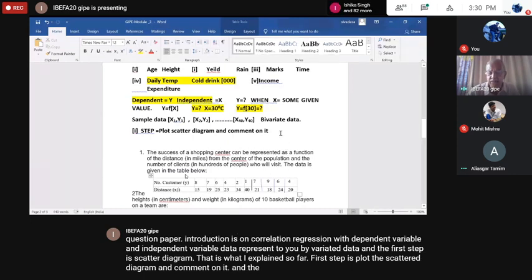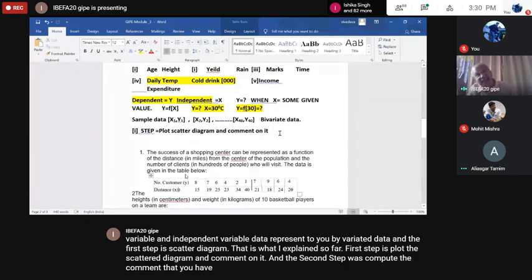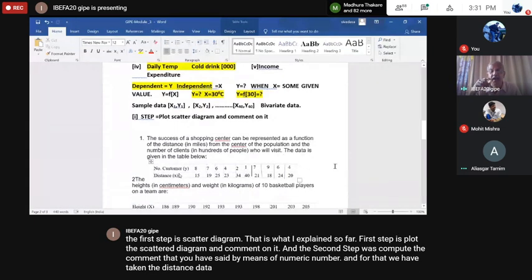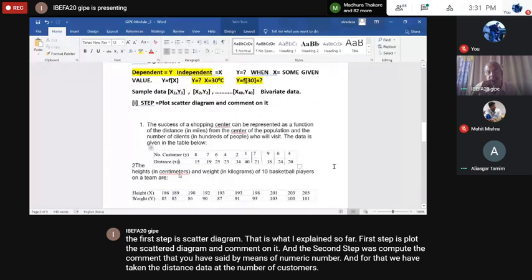The second step was to compute, by means of a numeric number, the comment that you have made. For that we have taken the distance data and the number of customers, and that is what I have plotted.